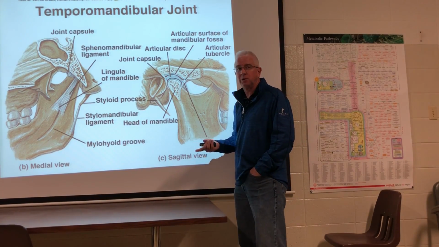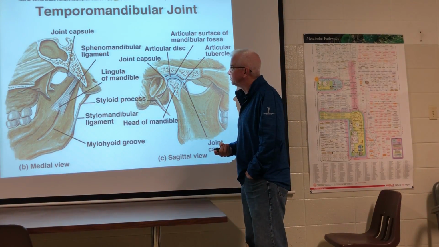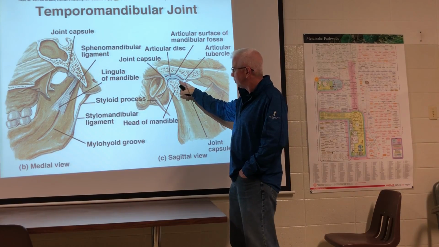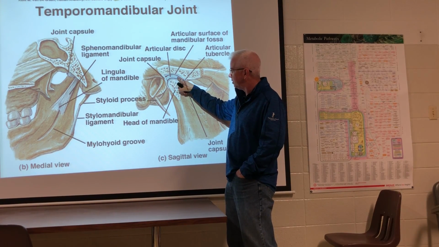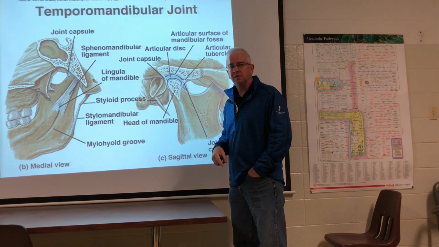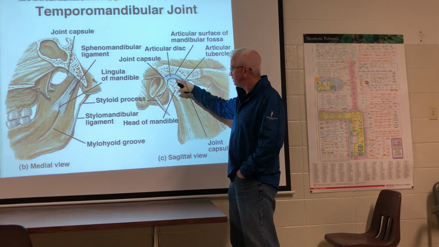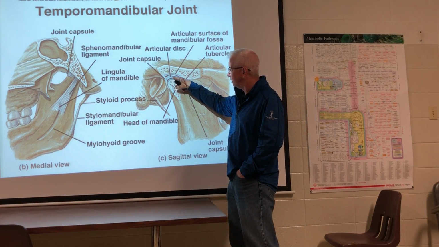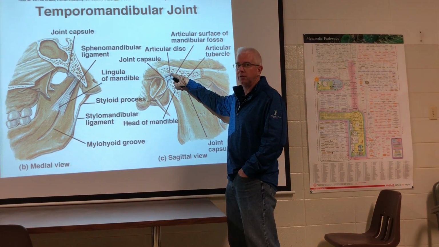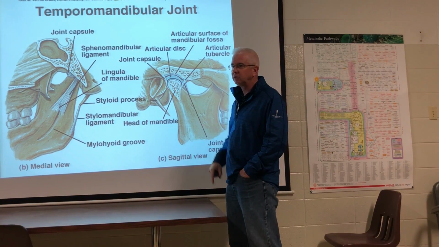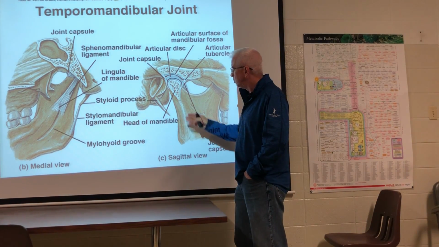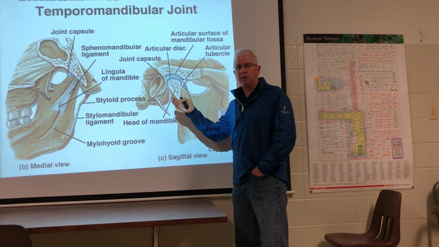Now, this is what causes problems, y'all, in people's temporomandibular joints. The problem comes whenever this disc thins or is damaged to the extent that the condylar surface articulates with the bone of the mandibular fossa. That's when you've got a situation. And so what would cause that to happen?